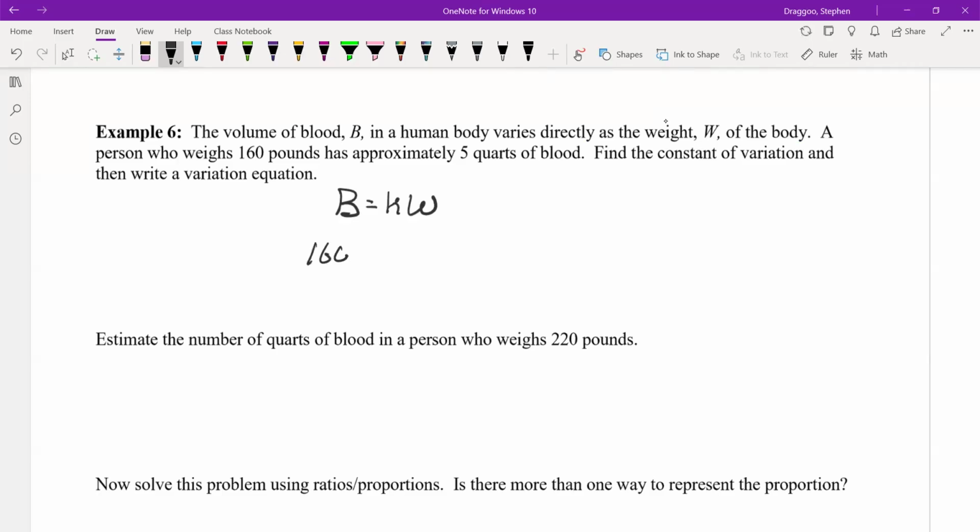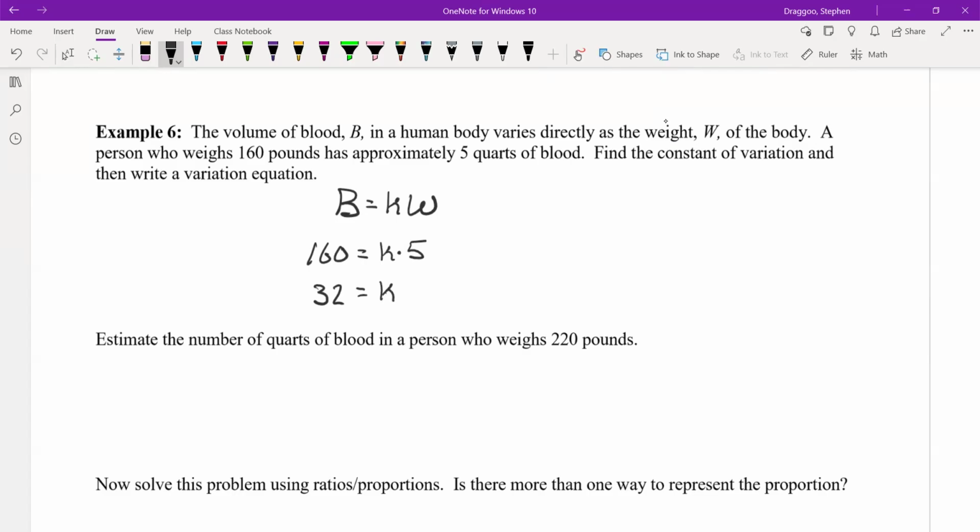Well, that means 160 is equal to K times 5. Divide that over to the other side. 5 goes into 160 32 times. There we go.